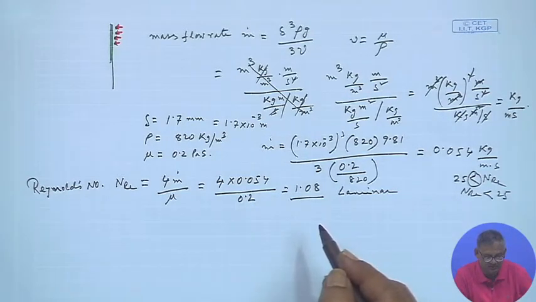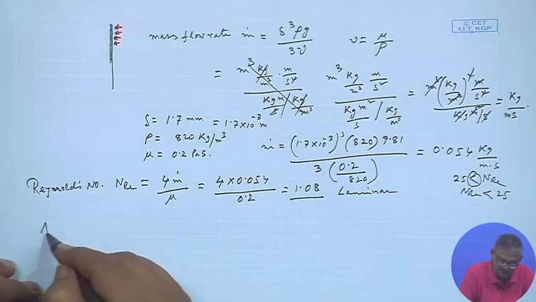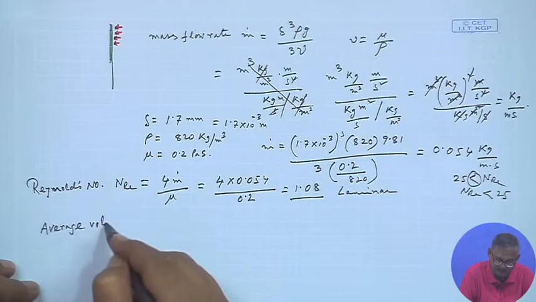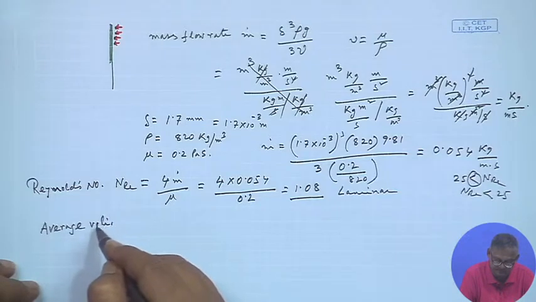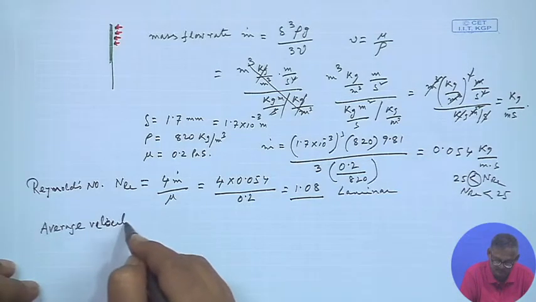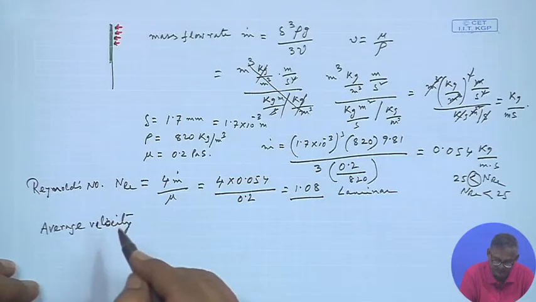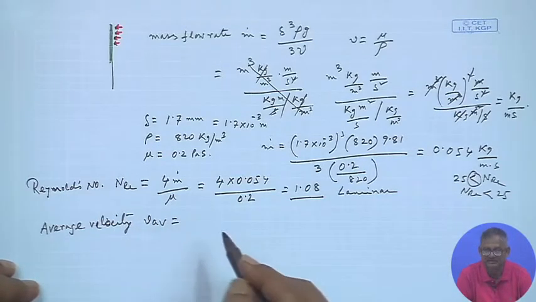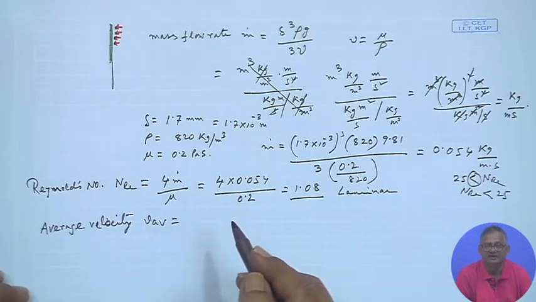The third one asked what is the average velocity, or V average.